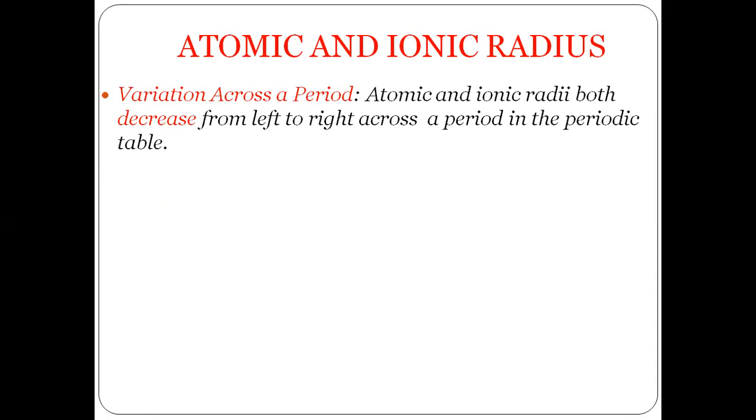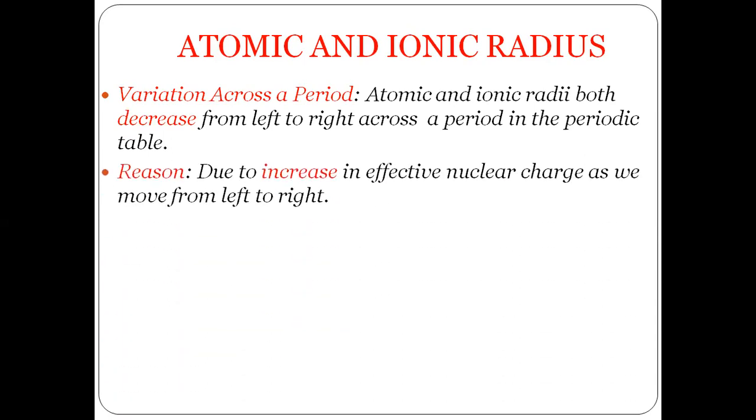You take any period, no matter whether it is the first or the last, whenever you move from left to right, generally the radius should decrease. The basic question is why? Why should atomic or ionic radius decrease? The reason is that when you move from left to right, the arrangement of the elements is based on increasing atomic number.